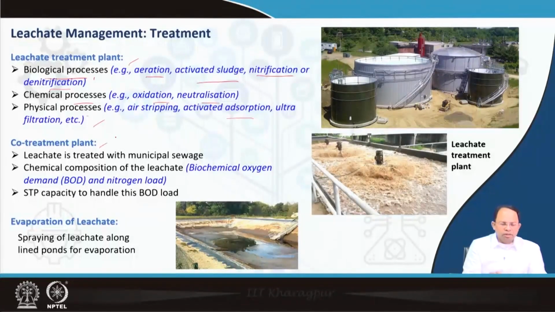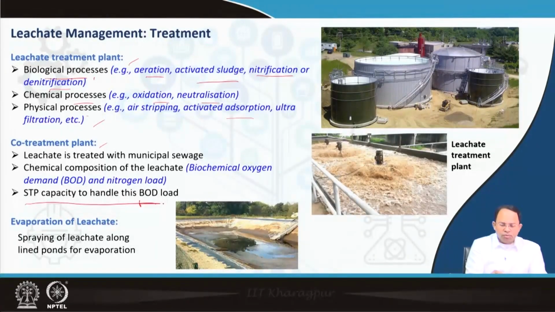Then co-treatment can also happen. That means instead of having an individual leachate treatment plant, we can use the existing sewage treatment plant to treat this kind of leachate. But the STP should have the capacity to handle this extra leachate, right?